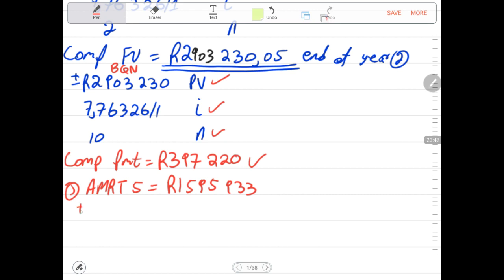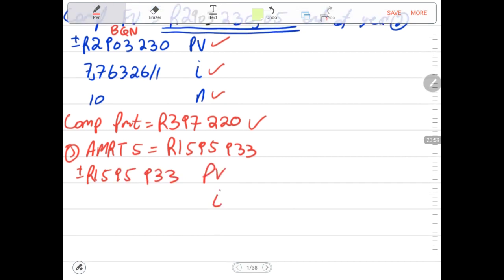So we have plus minus 1,595,933 rand is what the farmer is owing. Now the farmer is being charged interest of 7.76326% per annum compounded annually.